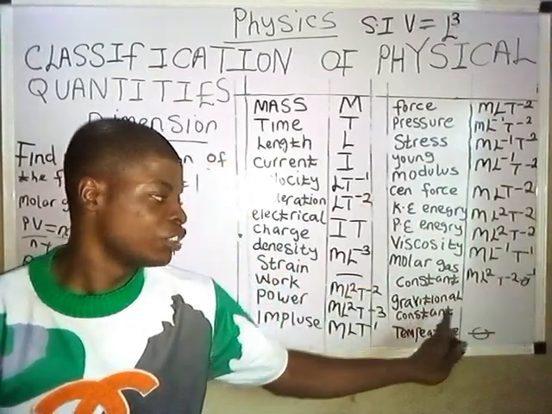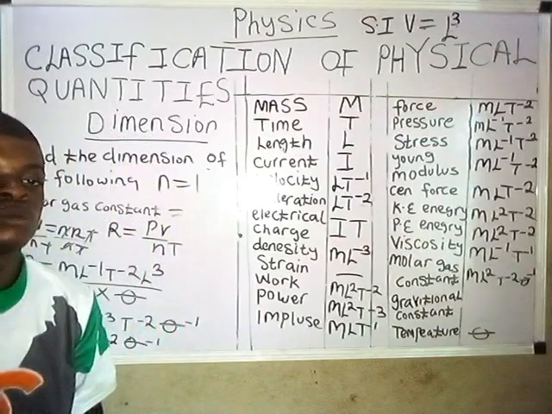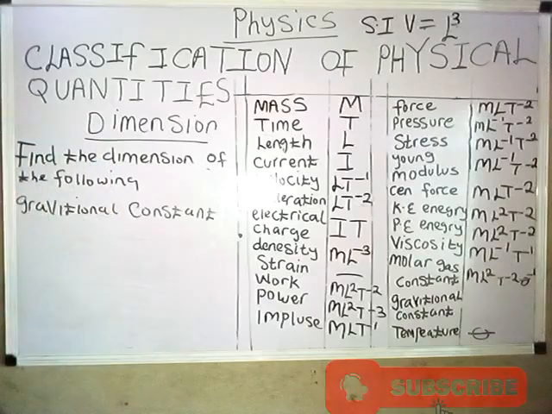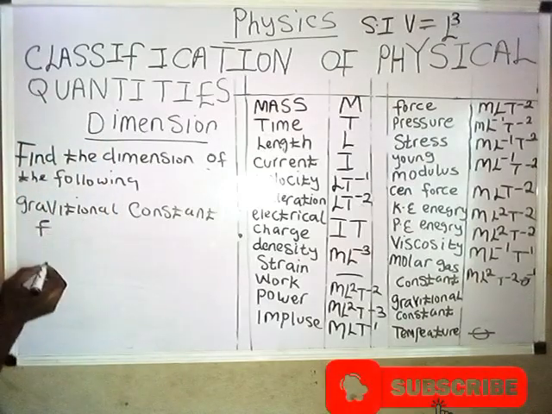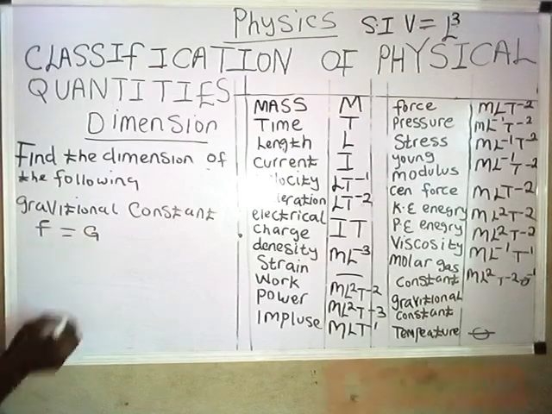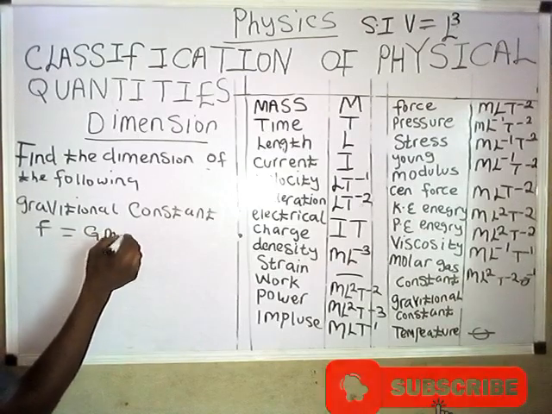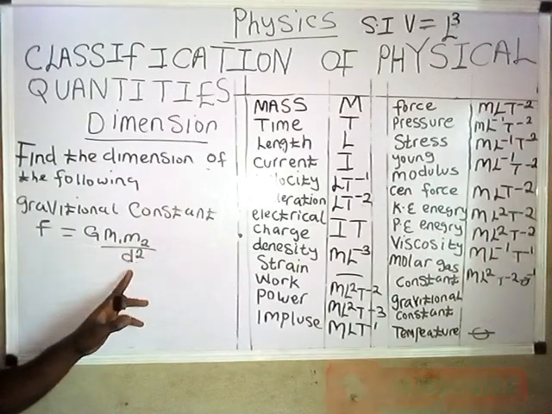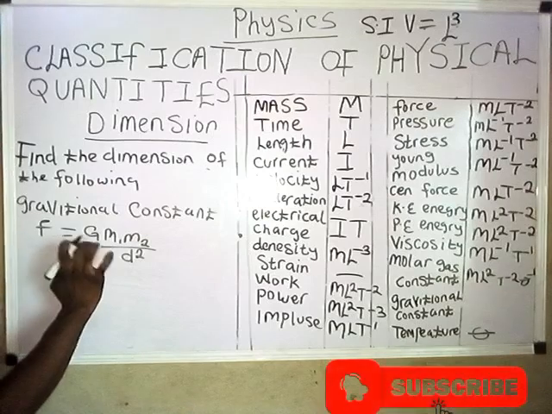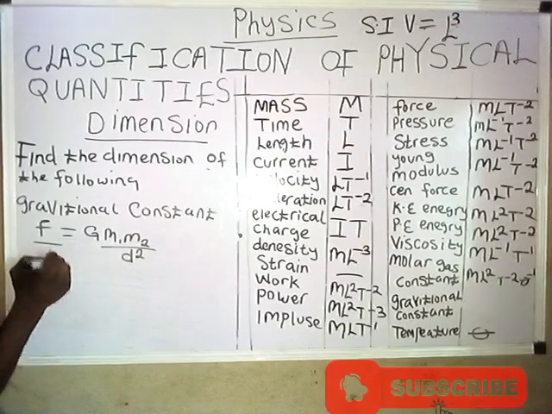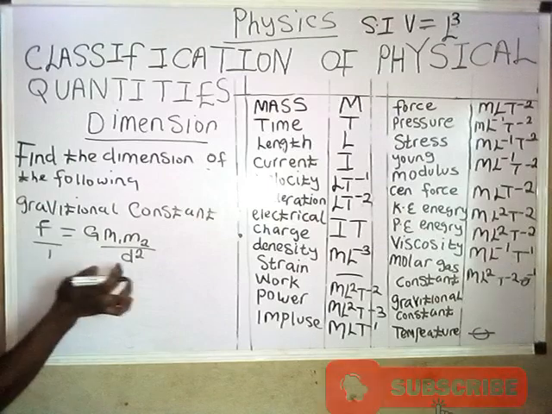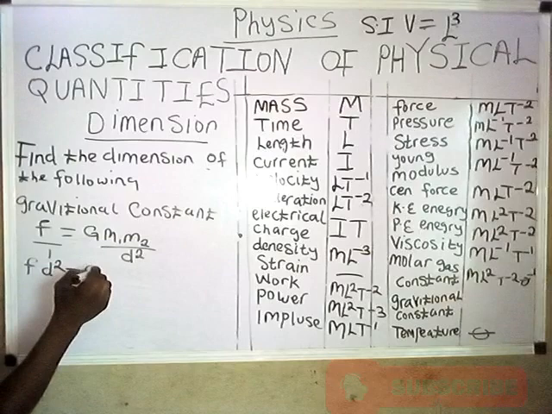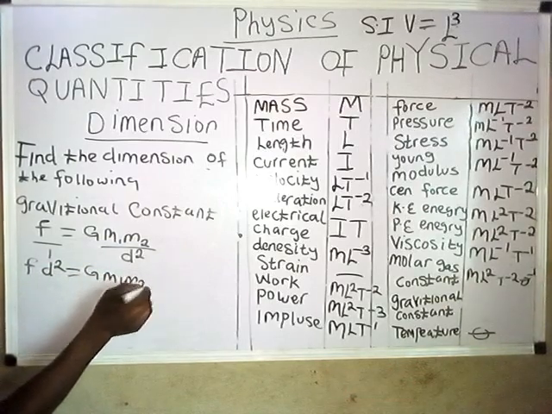Now the dimension of the gravitational constant. From Newton's law, the formula is F equals G m1 m2 over d squared, where d is the distance apart squared. Making G the subject: F d squared equals G m1 m2.